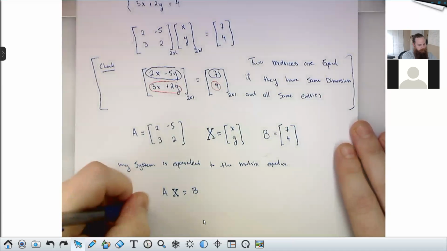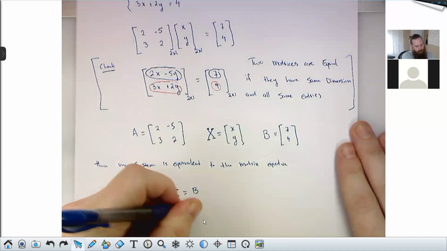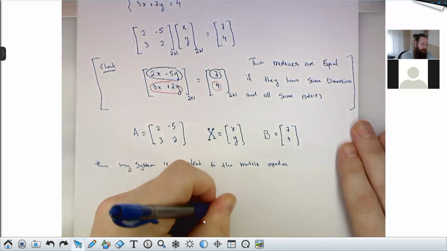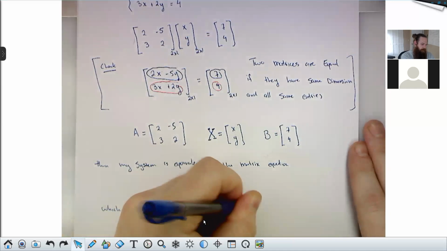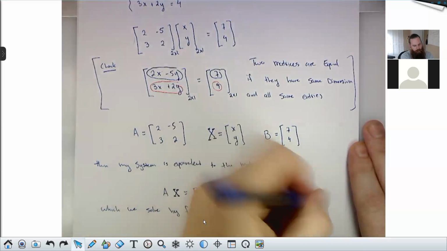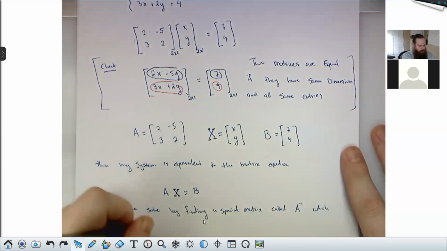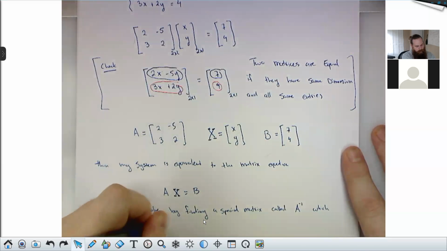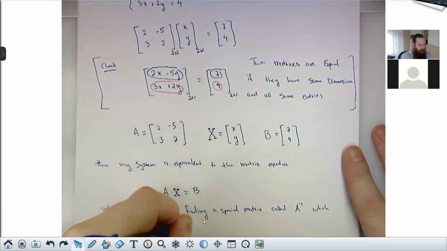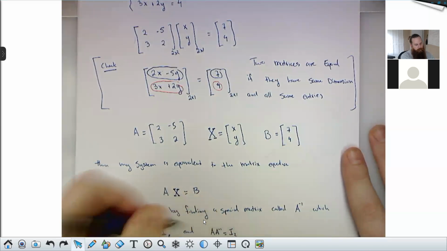So we can solve this matrix equation by finding a special matrix called A inverse, which satisfies A inverse times A equals I, where I is the identity matrix. In this case, it would be I2. And A times A inverse equals the identity matrix, again I2.